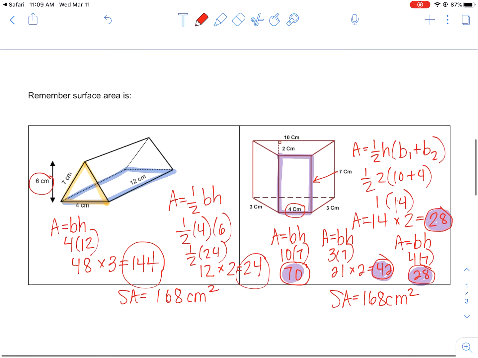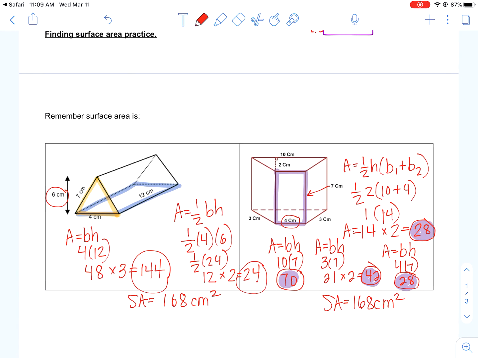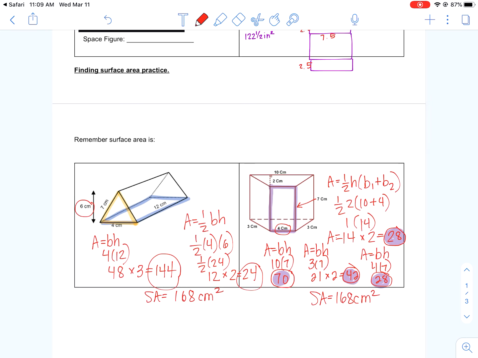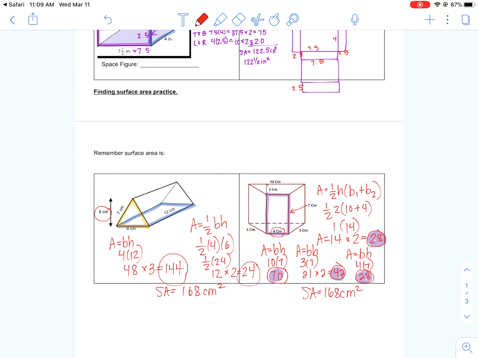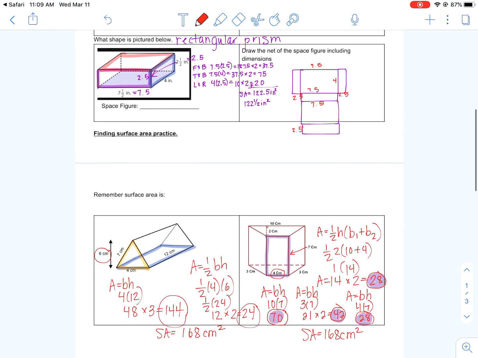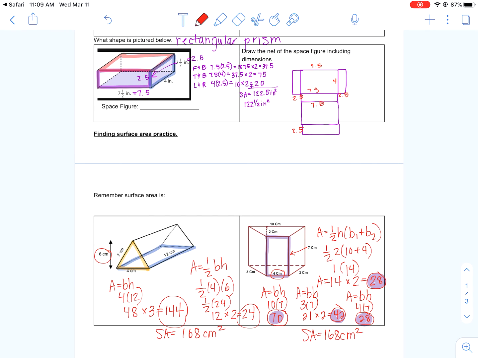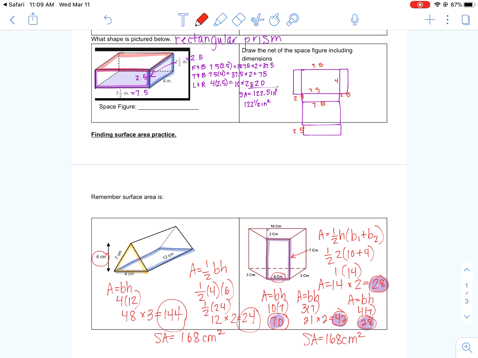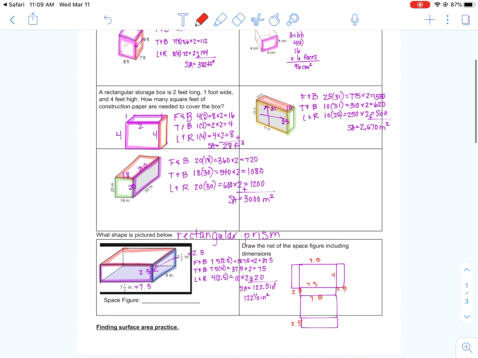Kind of funny, they both came out to be 168 with 2 totally different shapes. All right, so this is a bit of a long video, but hopefully that gives you an idea of how to do some different types of prisms. But you definitely need to master finding the surface area of these rectangles and cubes back up at the top.